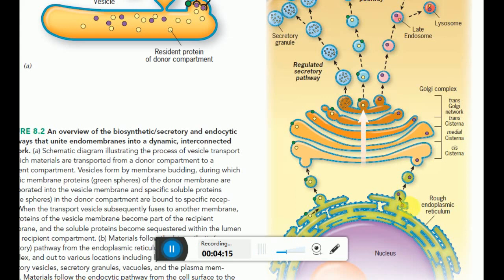This is the rough endoplasmic reticulum, very clearly shown here, and this is the endoplasmic reticulum lumen. From the lumen, the buds pinching out are what we call vesicles. Vesicles are continuously pinching out from the endoplasmic reticulum and are delivered to the Golgi apparatus.